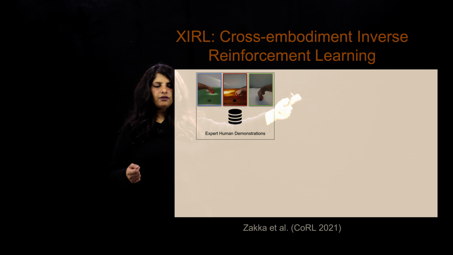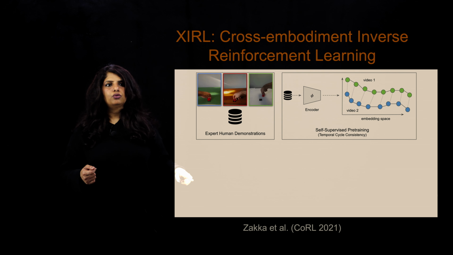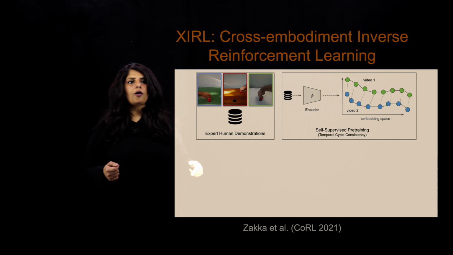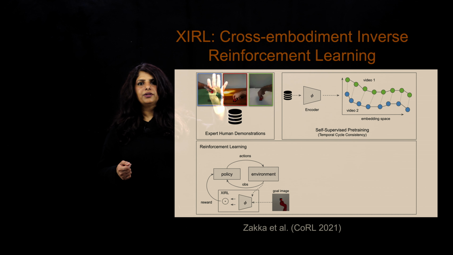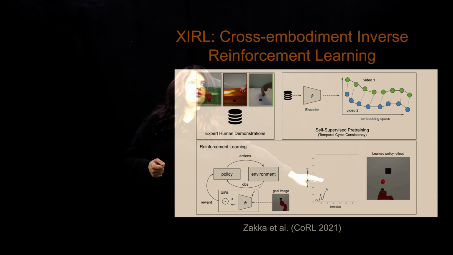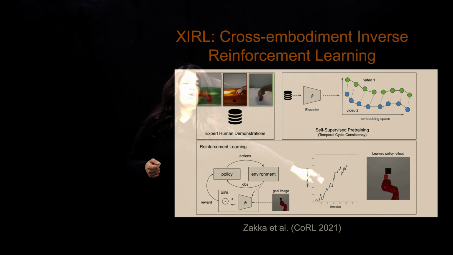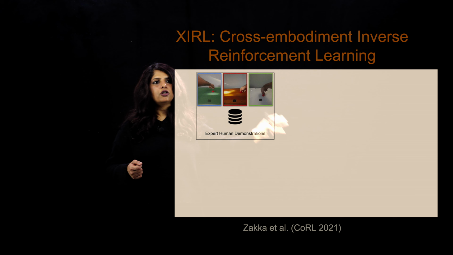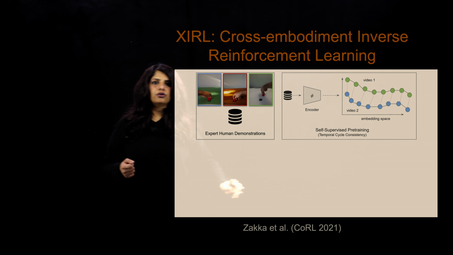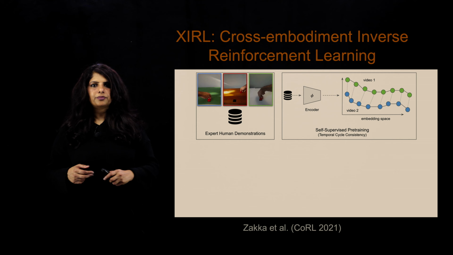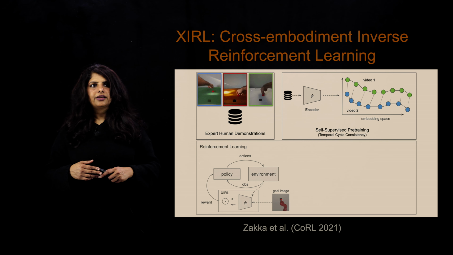And they use that information to work with reinforcement learning to optimize a policy that allows us to go from these human demonstrations to executing tasks on a robot autonomously. So there's this cross embodiment that we're able to realize because of solving inverse reinforcement learning type of problems.